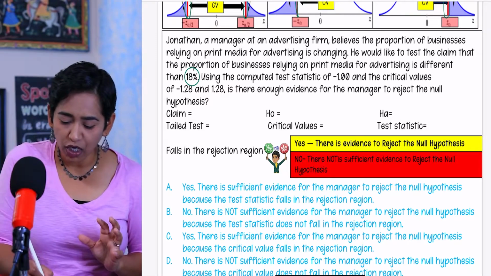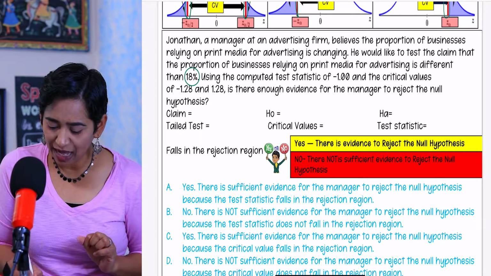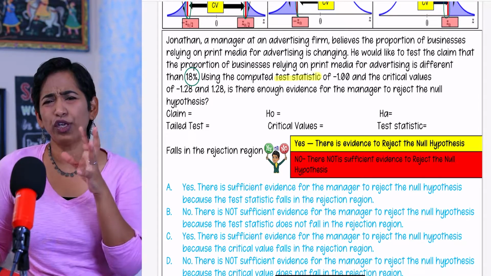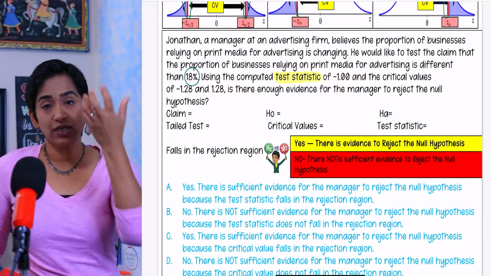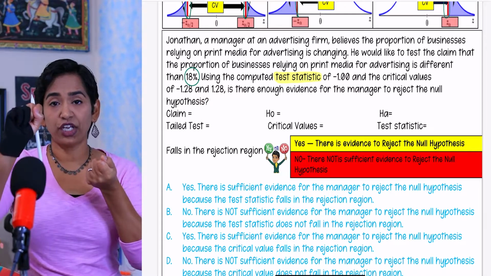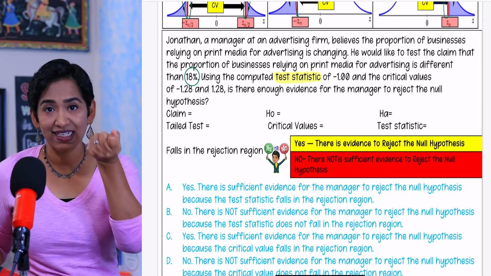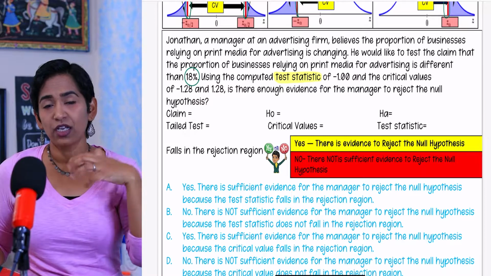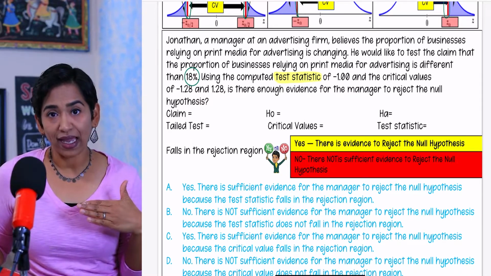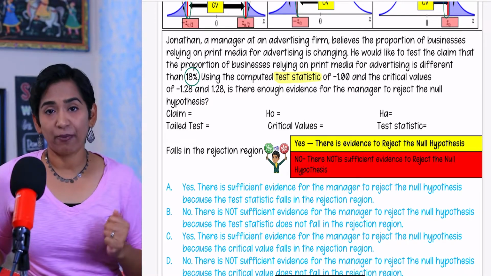Using computed test statistic. Now I want you to pause for a minute and see what happens. Test statistic. So what do you think this person did? He took a sample. He wrote his H naught, HA, he did his math, and he got the test statistic from the sample. So we are not seeing what he's doing in the back end, but that's exactly what's happening in the back end.